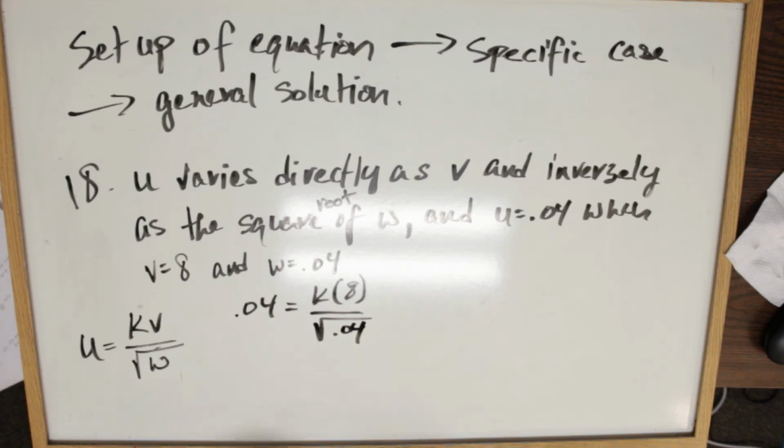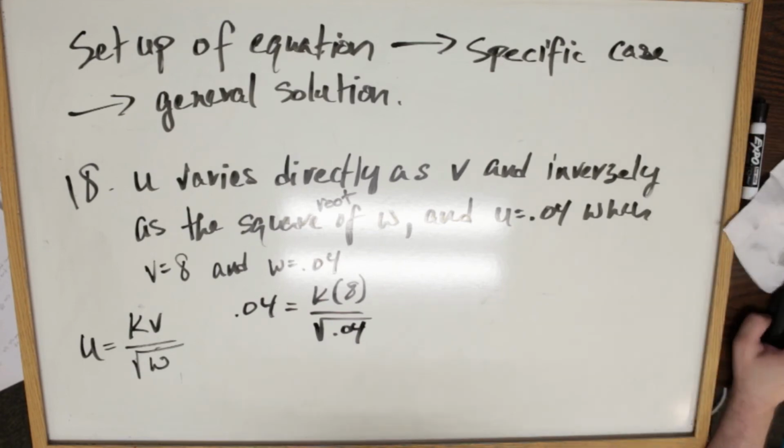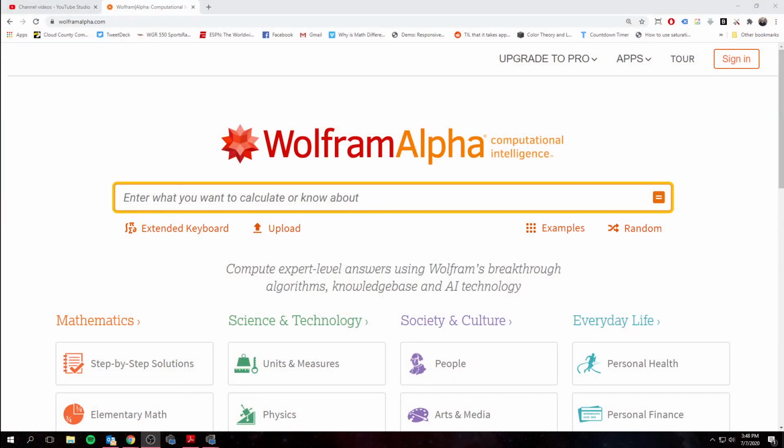All right. Now, when you get to a step like this, you can use your device. I'm going to switch over to Wolfram Alpha and show you how to do this real quick. Go to the browser. So what we're going to do is punch in exactly what we just had.